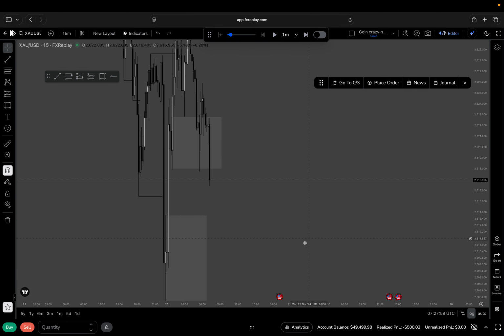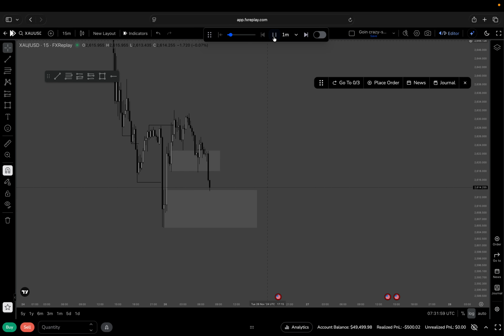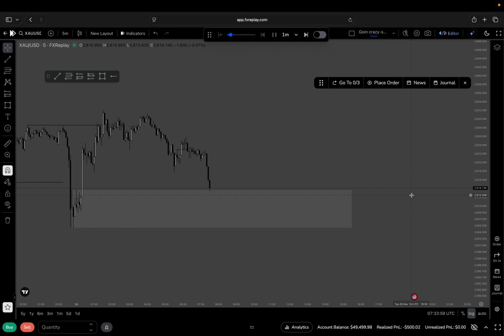Let's just see if we actually end up holding this one here, this order block here. See what price was at this area. Okay, price taps in now. Let's see.